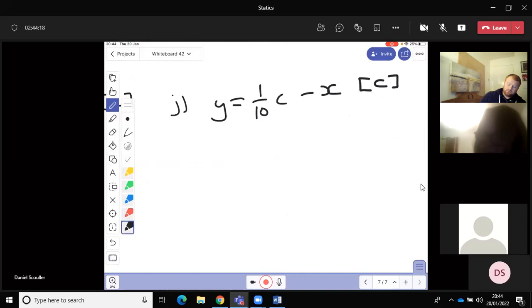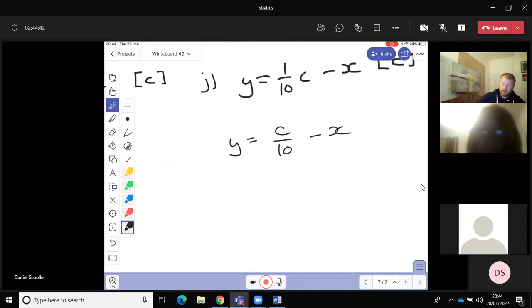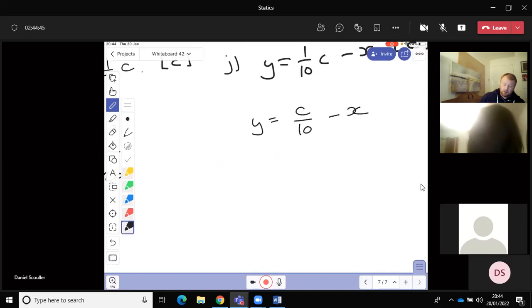With this format, just be careful with what you're doing with that 10th. It doesn't mean a 10th, it's dividing that whole term. Another way to write that would be y equals C over 10 minus x, and then it becomes the same as the format we did in the previous question. We were to isolate C. If you want, you can flip it at this point so the C is in the right location, but not change anything.